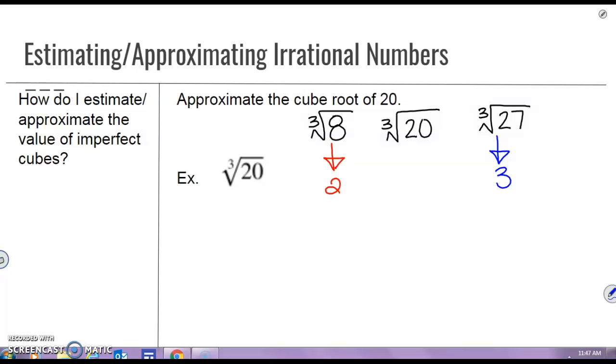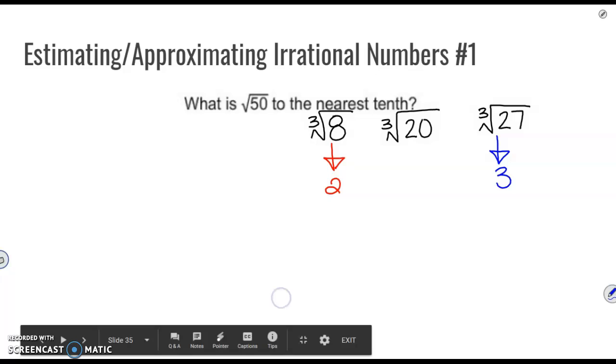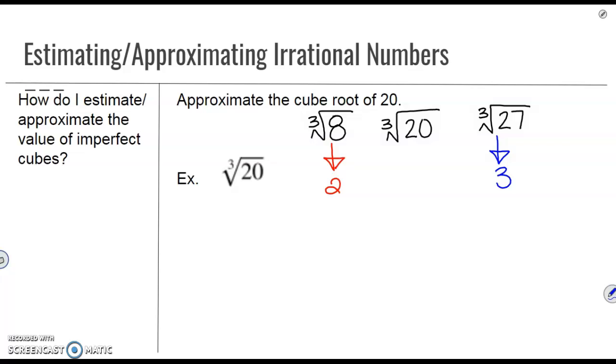We're going to find our fraction just like we did with our perfect and imperfect squares. So we're going to subtract our perfect cubes. This will give us our denominator. So we're going to subtract 27 minus 8.